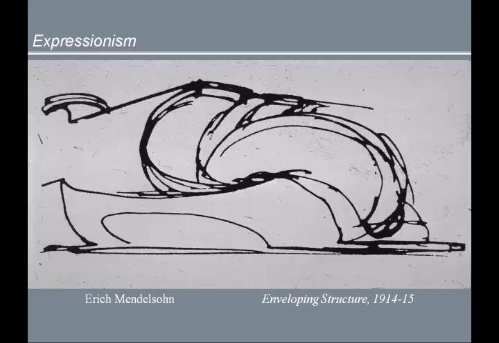Another architect of importance within Expressionism is Erich Mendelsohn. Mendelsohn, as a designer, turned out countless drawings that are essentially thumbnail sketches of buildings based on the expressive capacity of form. The sketches, the line in the sketches, just seems to move. And his buildings realize much of this movement as well.